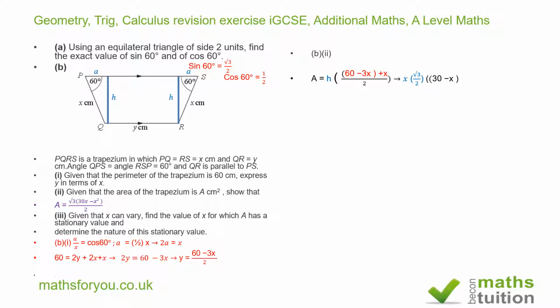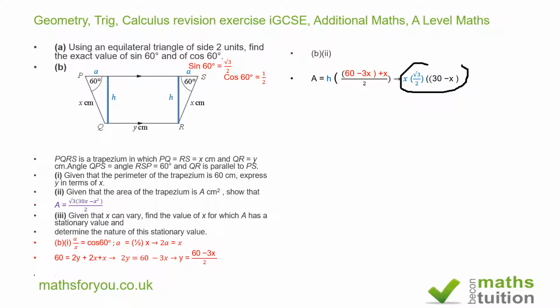So now, if you divide 60 by 2, you get 30. Minus 3x plus x gives us minus 2x. If you divide minus 2x by 2, you get minus x. So this here is the area of the trapezium.